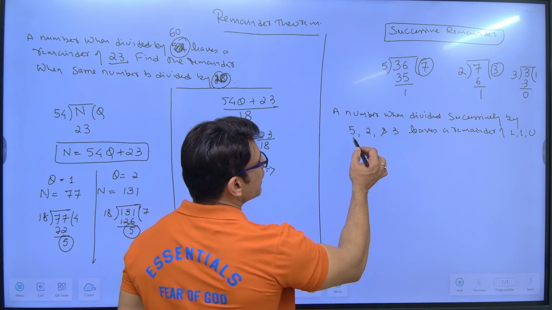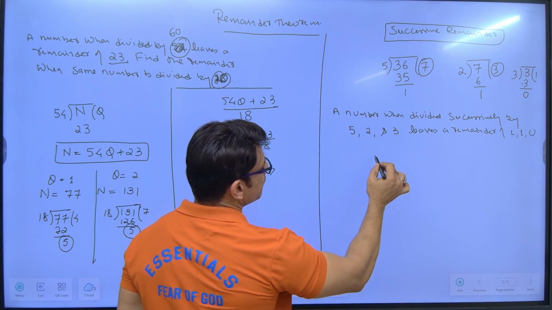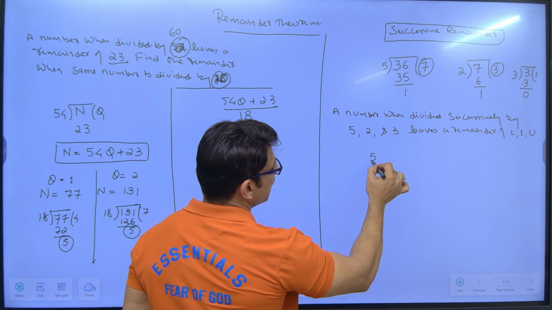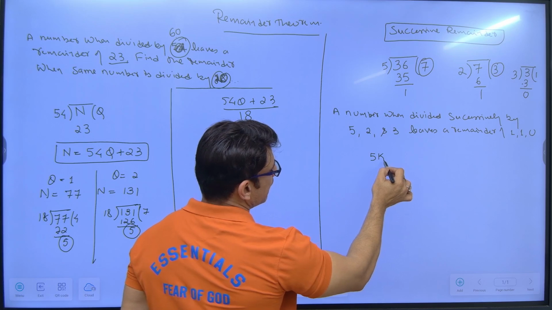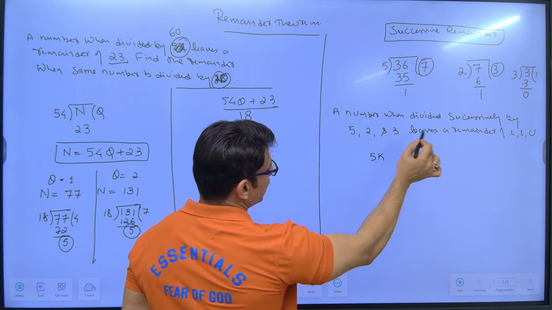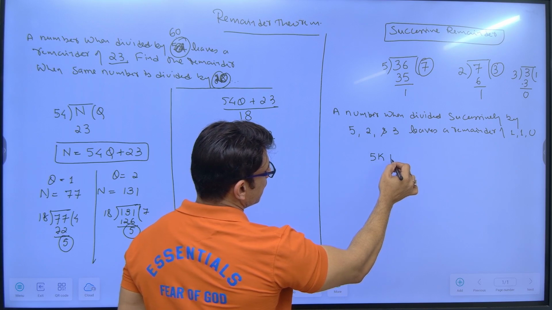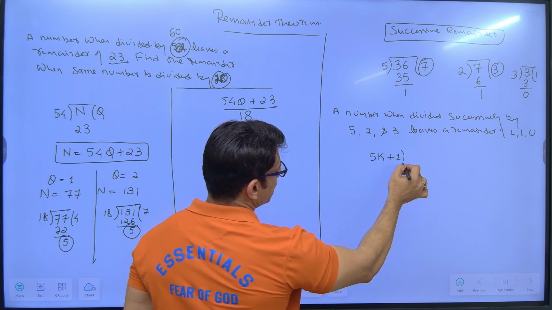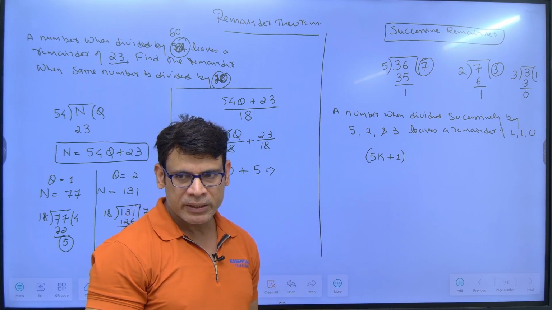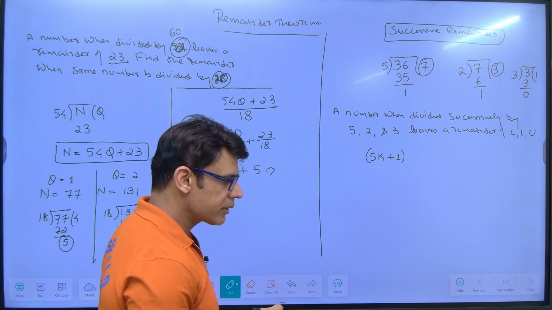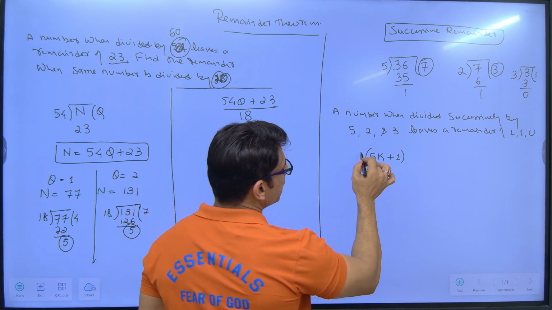First, in the first case, what is your divisor? 5, right? Multiply this with some constant k. And when you divide the number with 5, what is the remainder in the first case? Put 1. Put this in bracket. What is your divisor in the second case? Multiply this with 2.